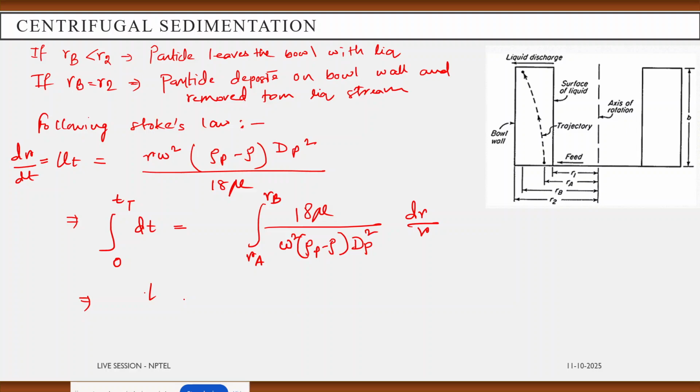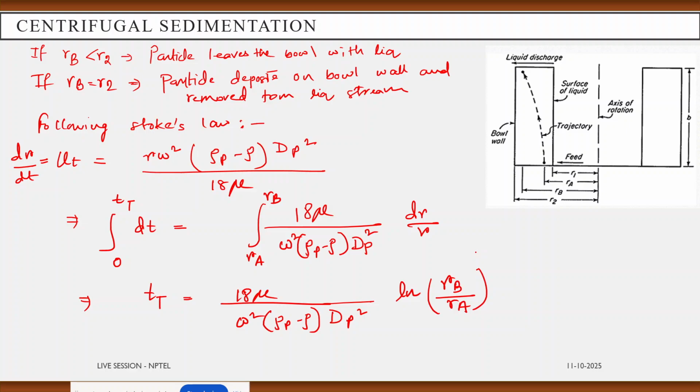That is 18 mu by omega square (rho p minus rho) dp square, times ln of Rb by Ra. So this one is your equation.